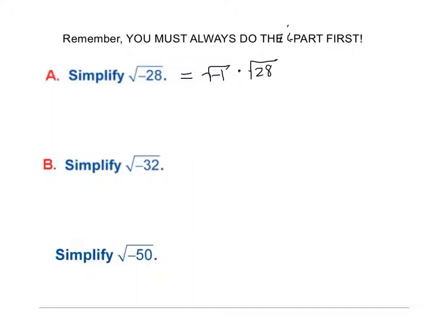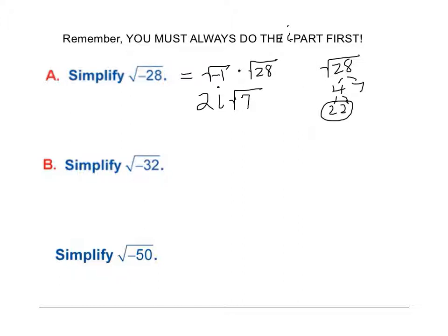The square root of -1 is i. And then if you simplify the square root of 28, you factor it, 4 times 7. The square root of 4 is 2, so you would have a 2 on the outside and a square root of 7 on the inside.